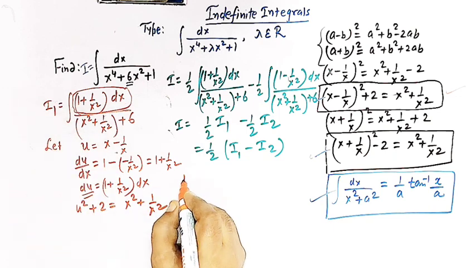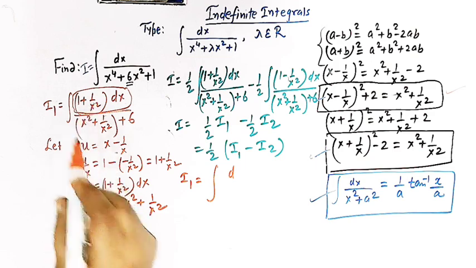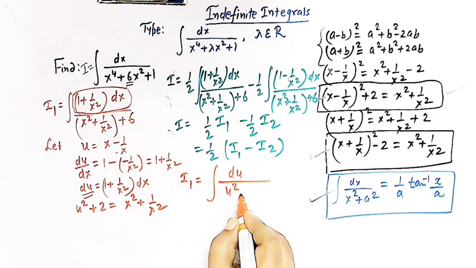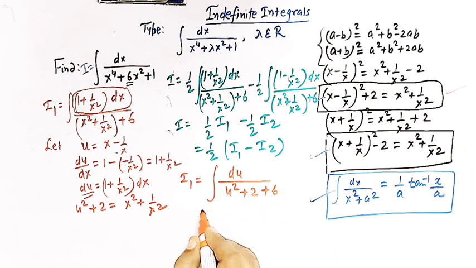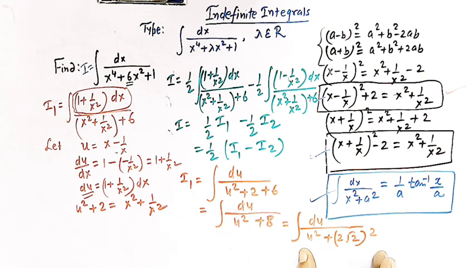So now our integral I1 takes the form, here we have du, and then in the denominator we can write u square plus 2 plus 6, that is equal to integral du over u square plus 8. So we can now write du over u square plus 2 root 2 whole square, right? So now this integral I1 takes this form, that is integral dx over x square plus a square.